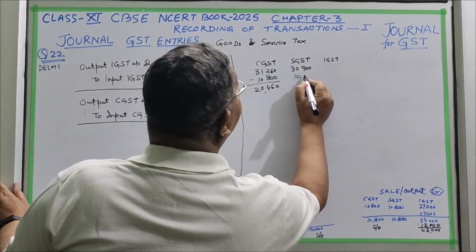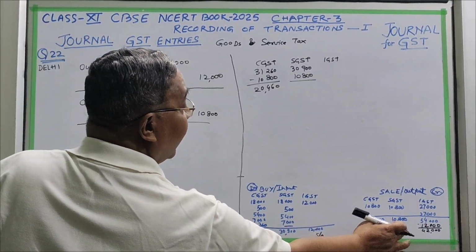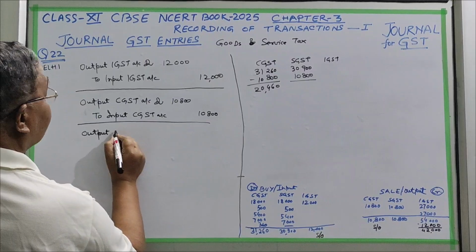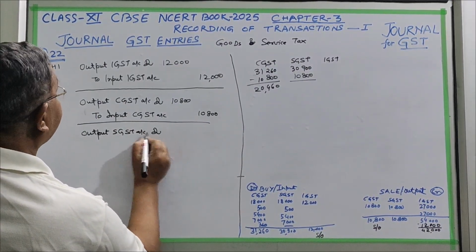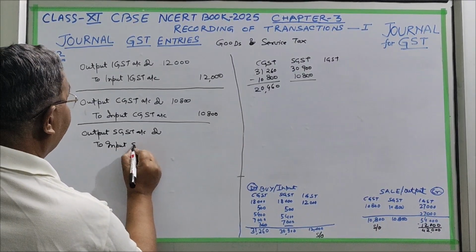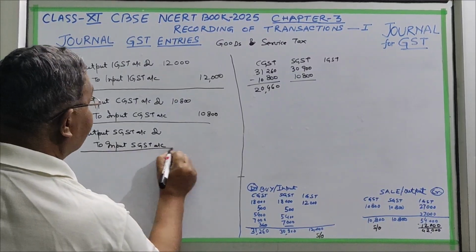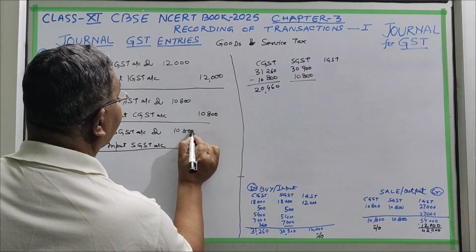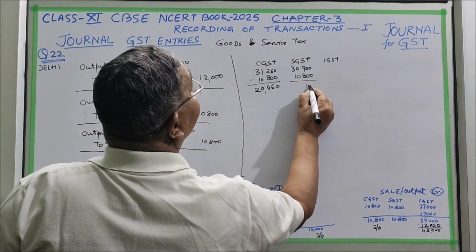So our entry will be output SGST account debit to input SGST account, 10,800, and the balance remaining is 20,100.